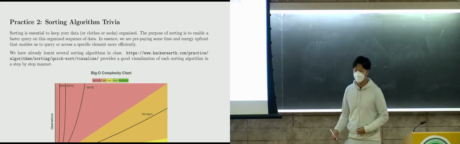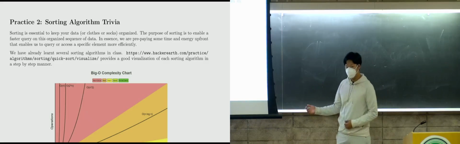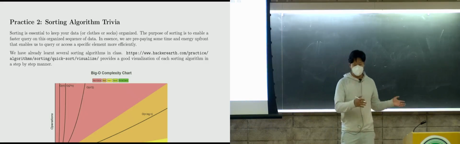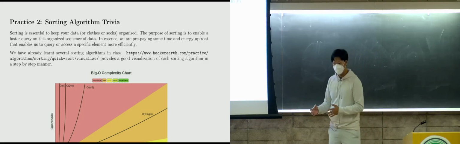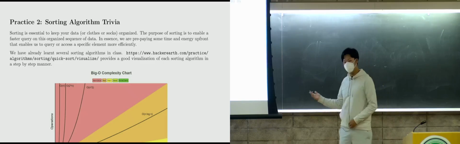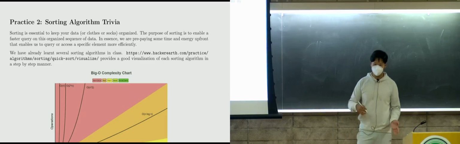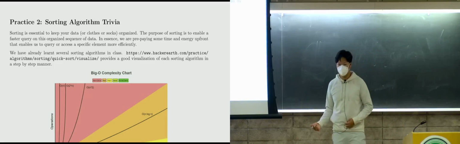So we spend some time organizing our data from a random sequence into a sorted sequence, and that gives us this nice property that we can look something up pretty quickly in logarithmic time instead of linear time.